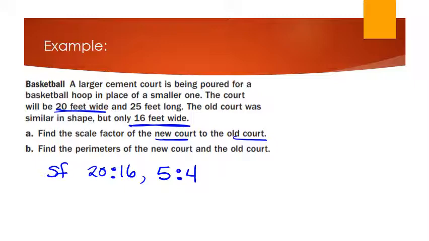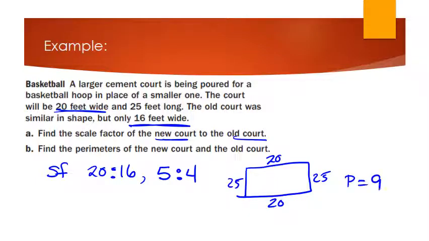Okay, and then they're asking me to find the perimeter of the new court and the old court. So remember, perimeter is we're adding up all of the sides. So the perimeter of the new court is 20, 20, 25, 25, so 90. And we can use this scale factor to find, we've got the width to find the length.